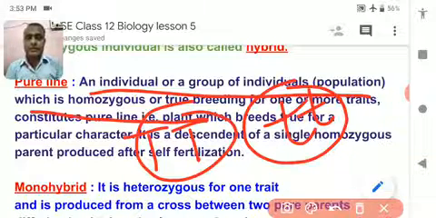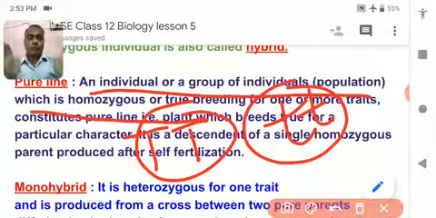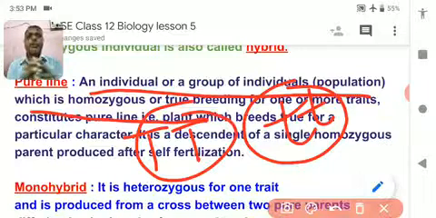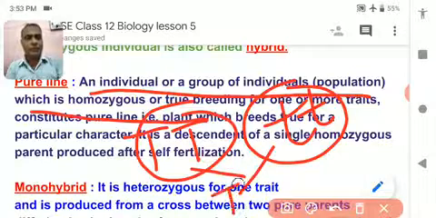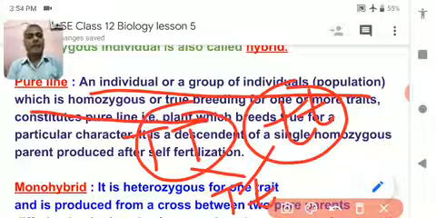Homozygous trait bearing organisms are called pure line, either dominant or recessive. Understood? If both of them are crossed together, in the F1 generation they produce an organism different from them. The organism produced in the F1 generation will be hybrid, and it bears half of the character from both of the parents.